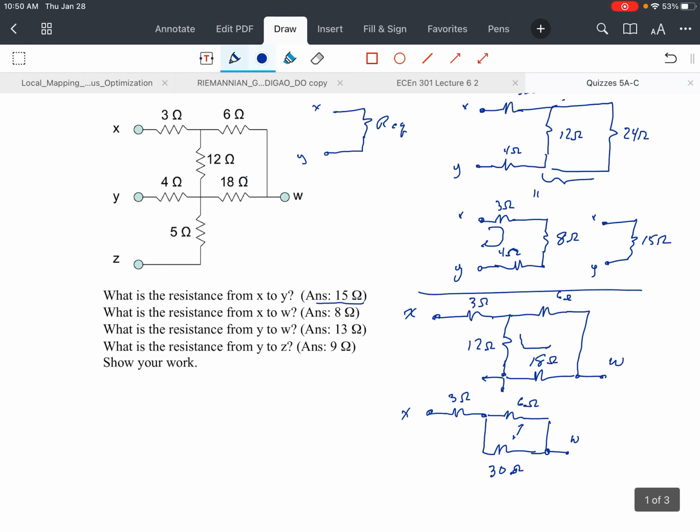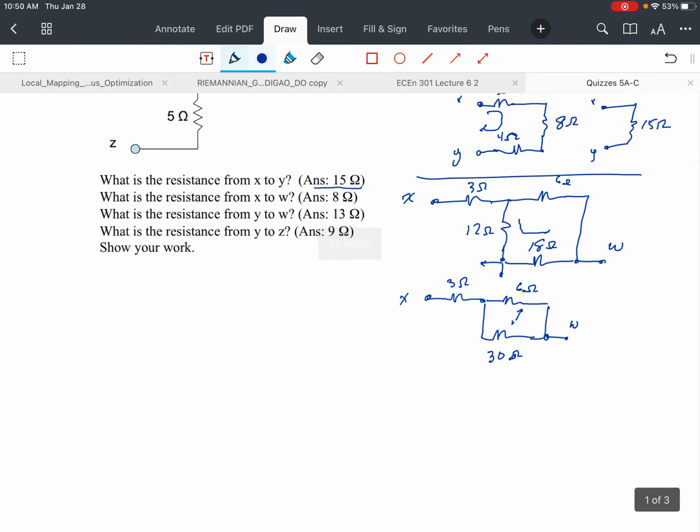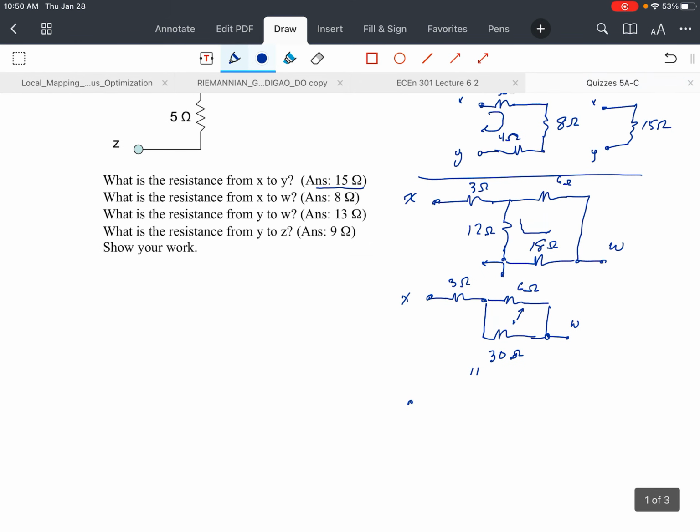Now these two resistances are in parallel, so this is equivalent to starting at X, going through a 3 ohm resistor, and then another resistor here, and then coming out W. That's 6 in parallel with 30, so 6 times 30 divided by 6 plus 30 gives me 5 ohms, so that's equivalent to an 8 ohm resistor. Okay, and that's the answer here.